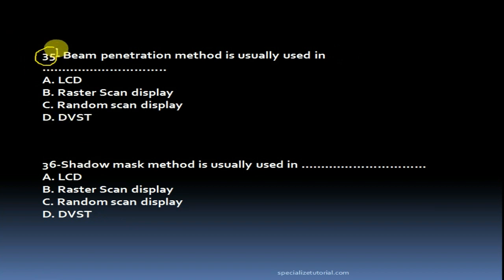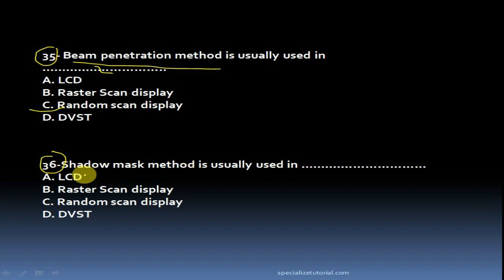Question number 35. Beam penetration method is usually used in where? LCD, raster scan display, random scan display, and DVST. So random scan display, C is the right answer. Beam penetration method is usually used in random scan display. Okay, now take question number 36.